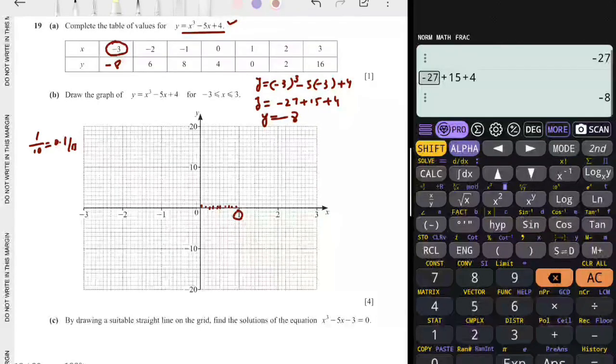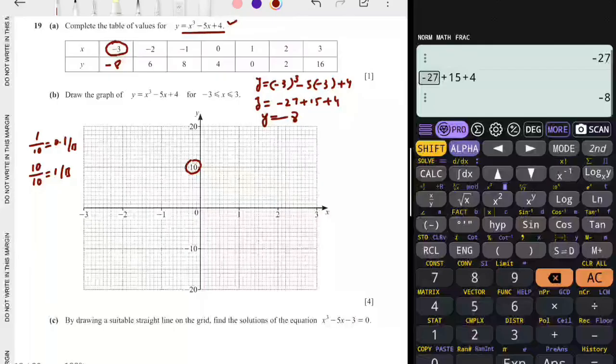So this is the measurement along the x-axis. Now for the y-axis, if we divide 10 by the number of boxes, they are again 10, so it would be 1 for one box along the y-axis. So this is the scale.